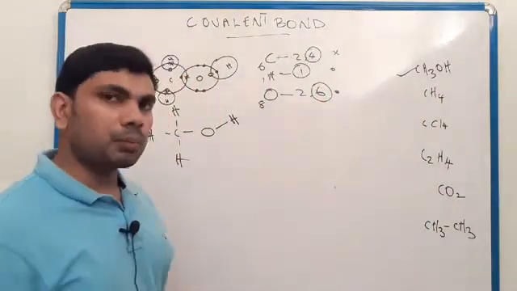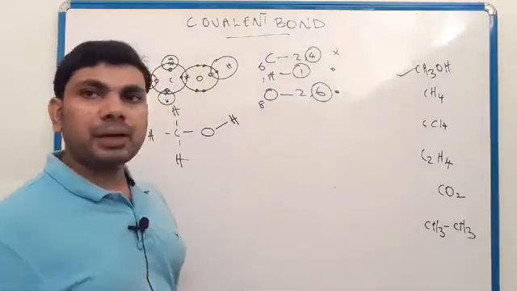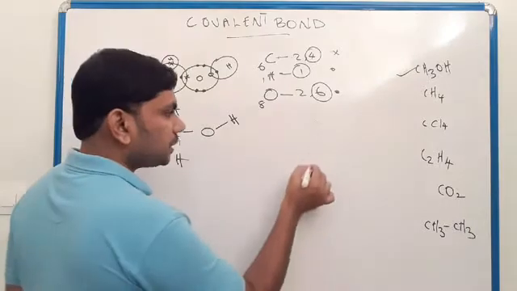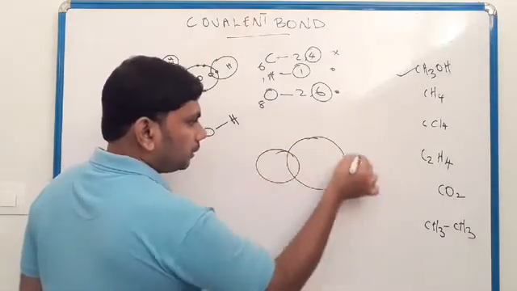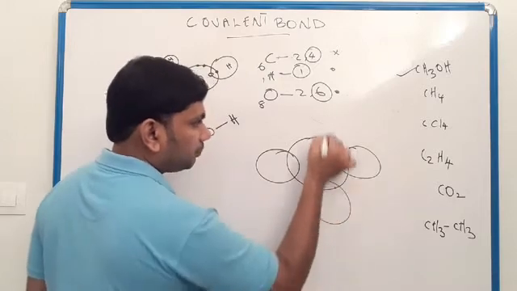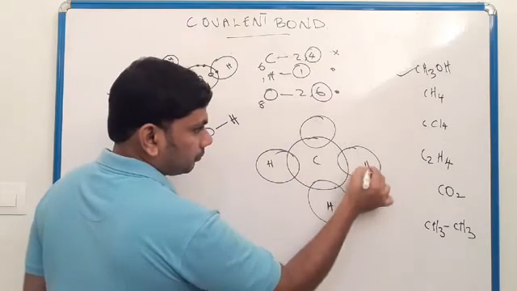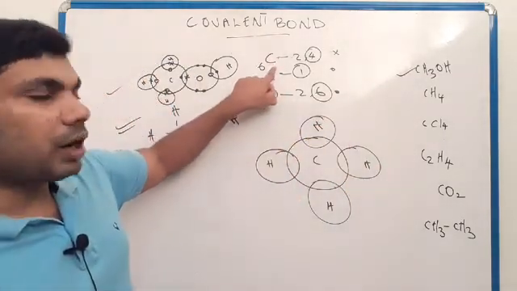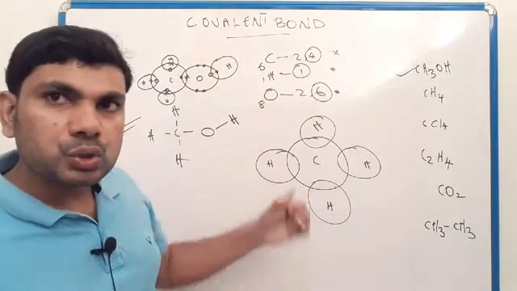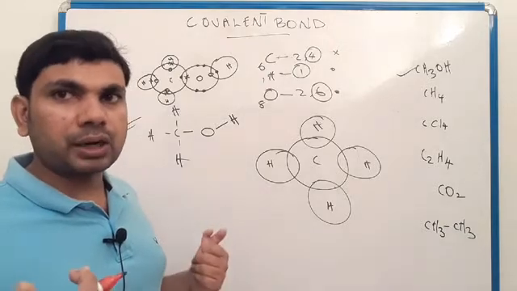After CH3OH, let us see CH4. How are CH4 molecules formed? CH4 means one carbon and four different hydrogen. This is CH4. We know the electronic structure of carbon is 2, 4, so carbon needs 4 more electrons.